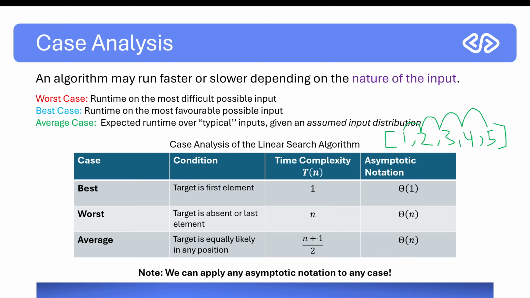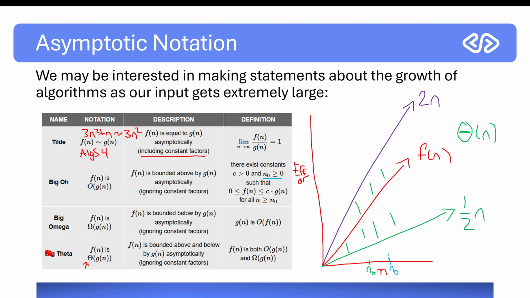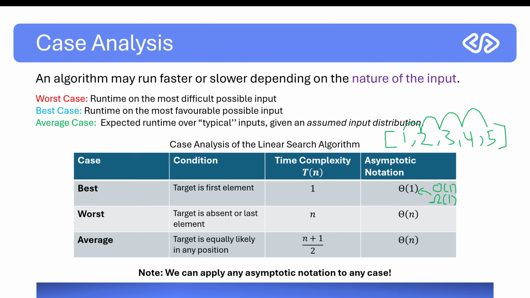In essence, if you say in the best case it's going to be constant time, that's a statement about big O. And I can also say it'll be no faster than constant time. So just because you see big O doesn't mean that you can't apply any of these notations, because they're just properties of functions. You can apply them to describe any case. Does that make sense?